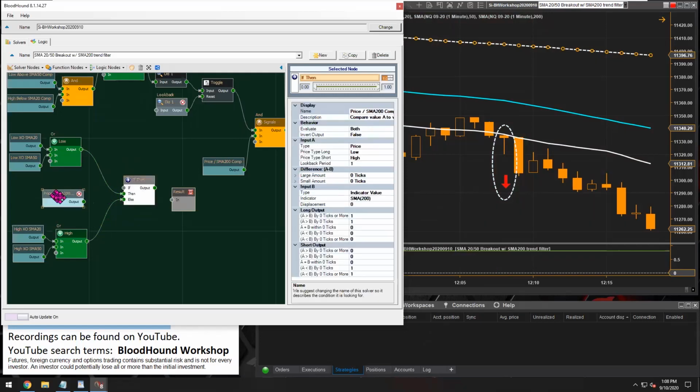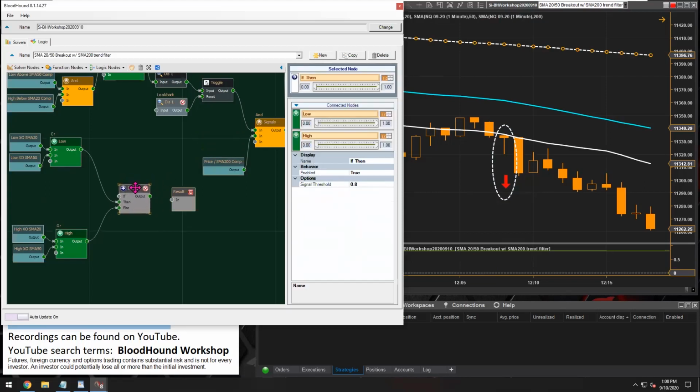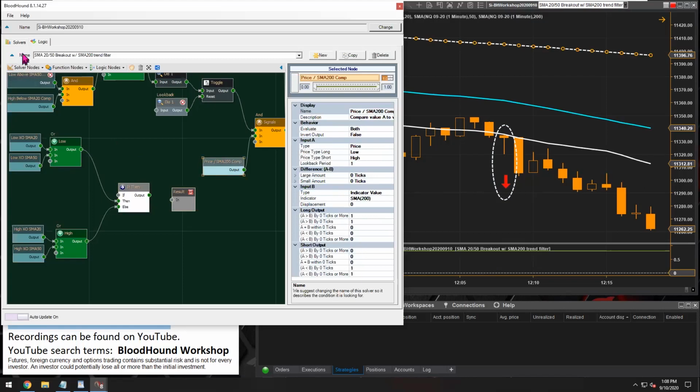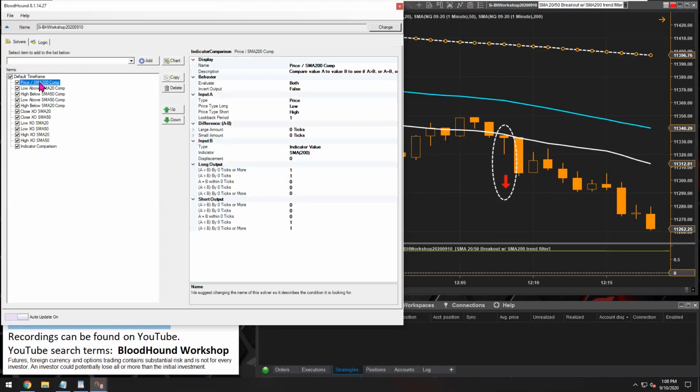I thought I could just use the price compared to the SMA 200 to control the if-then logic gates here, but I'm going to need something a little more complex. I do need something similar to that, comparing price to the SMA 200. However, I need one that's a little more specific.